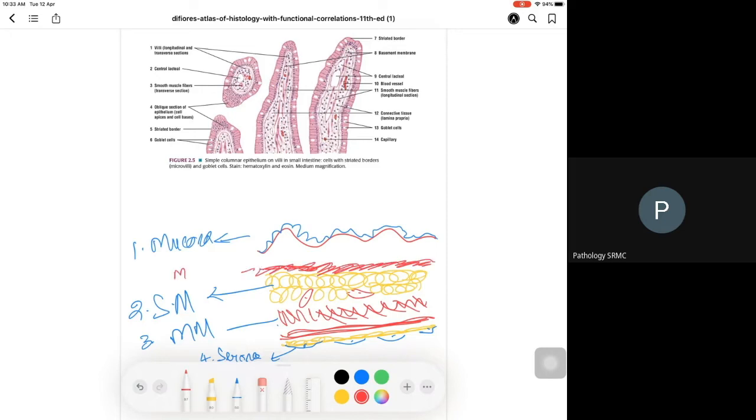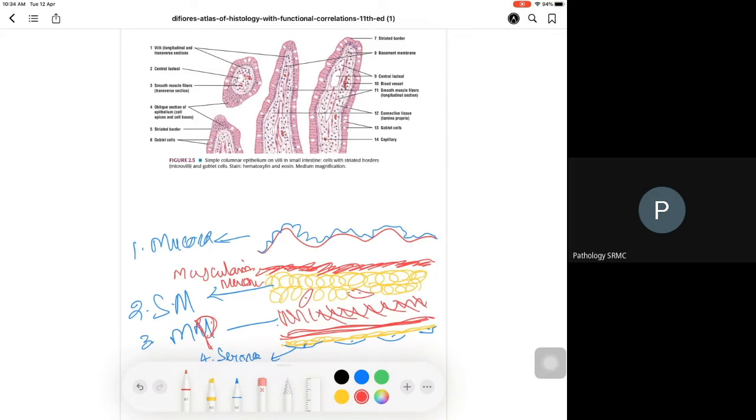So there are 2 layers of muscle. The one just beneath the lining epithelium is muscularis mucosa. The one beneath the submucosa is muscularis propria. Muscularis mucosa and muscularis propria. Very important things you have to remember.